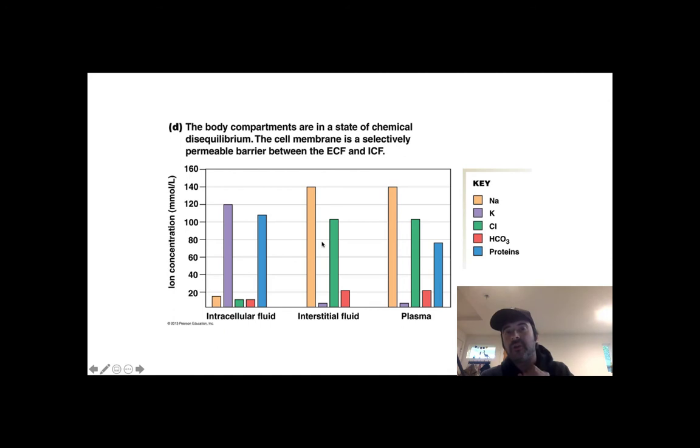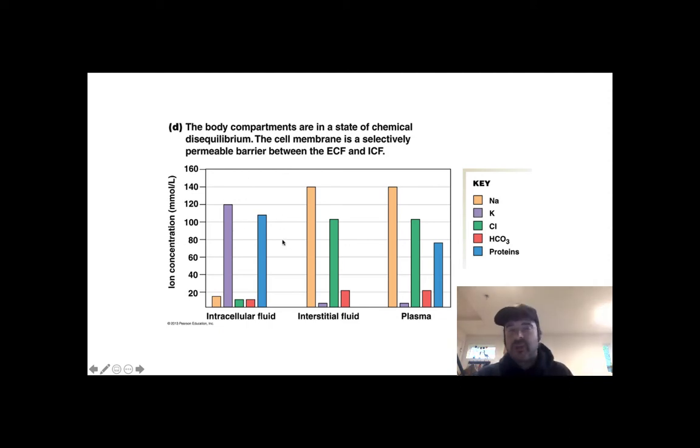Now, when you look at a graph like this, it starts to make a lot more sense when you put it into the context of the sodium-potassium pump, right? It just makes so much more sense when you think about it from the perspective of the sodium-potassium pump. So here we have our intracellular fluid, which is the fluid inside of the cells in your body. And here we have interstitial fluid and blood plasma. Both of these are forms of extracellular fluid. So when you look, for example, at the concentration of potassium inside the cell, it is very high.